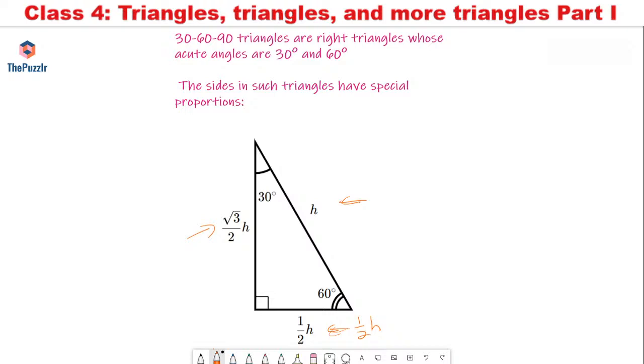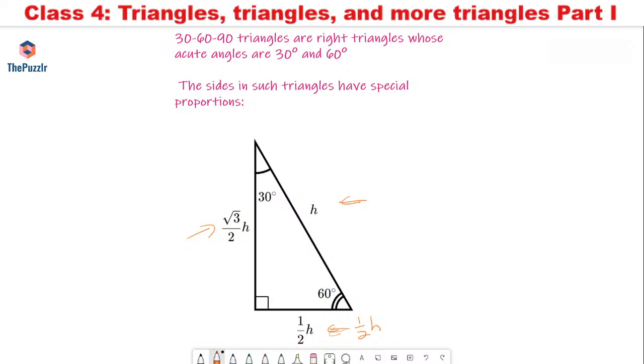Trigonometry is outside of the scope of this class, but using trigonometry, what you realize is that this bottom leg is going to be, say, 1/2, this longer leg is going to be square root of 3/2, and the longest side is just going to be 1, which is the hypotenuse.